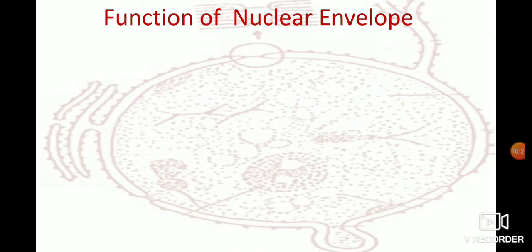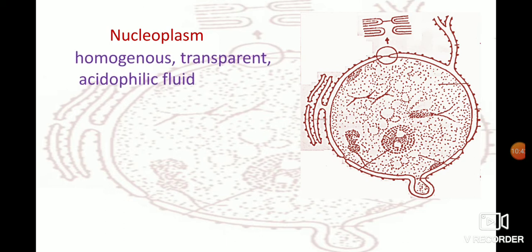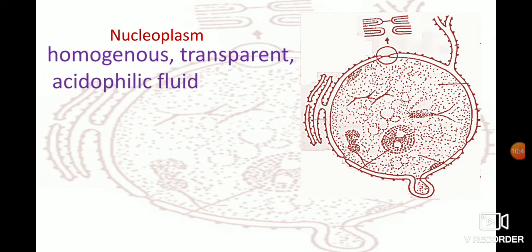Now coming to the second part of the nucleus, that is the nucleoplasm. The nucleoplasm is filled with a homogeneous transparent acidophilic fluid called the nucleoplasm or nuclear sap or karyolymph. The nuclear components such as chromatin, beads, threads and nucleolus remain suspended in the nucleoplasm.